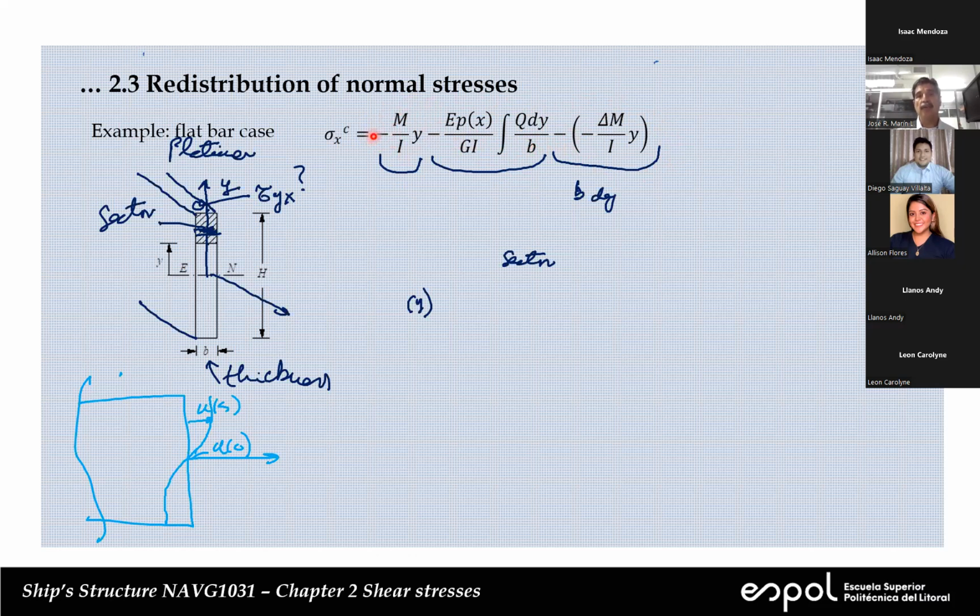If you integrate this stress distribution in the section, you recuperate the moment. If you add something to this distribution, then the first two terms integrated will produce a different result from the bending moment. And we are in trouble because we have to recuperate the bending moment because of equilibrium. So this is what Taylor proposed, okay?